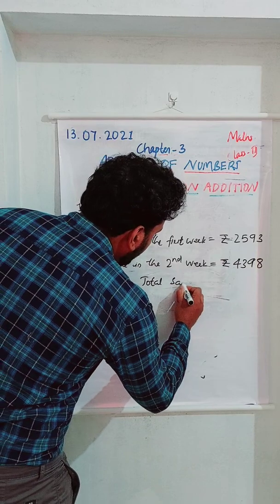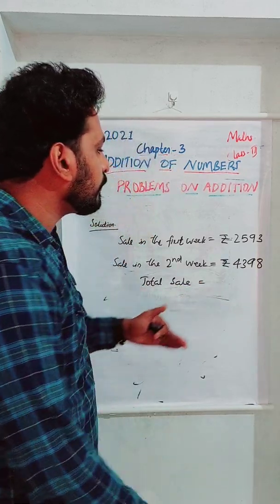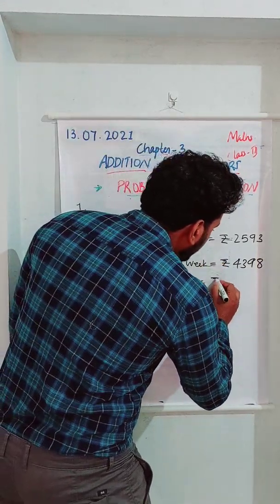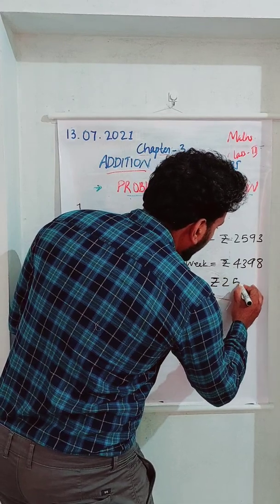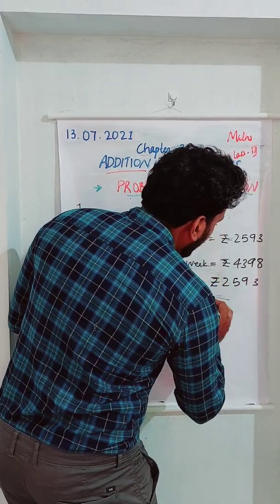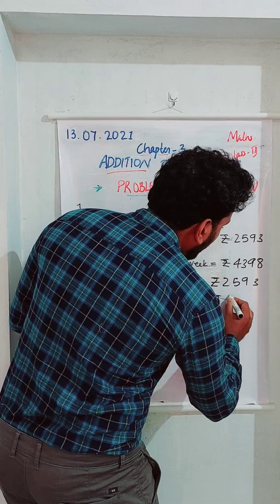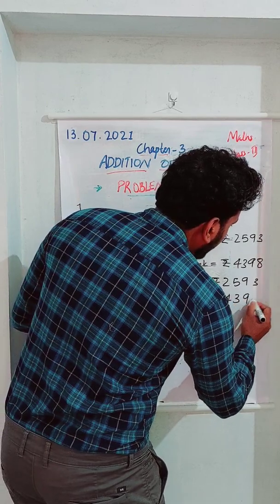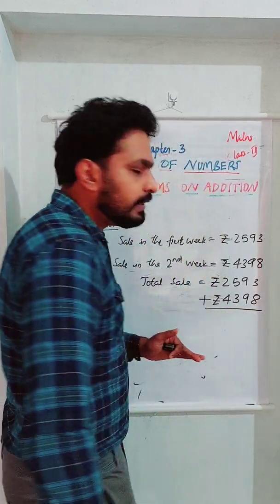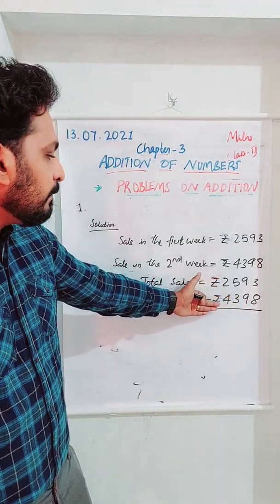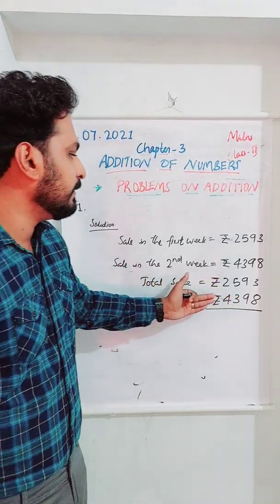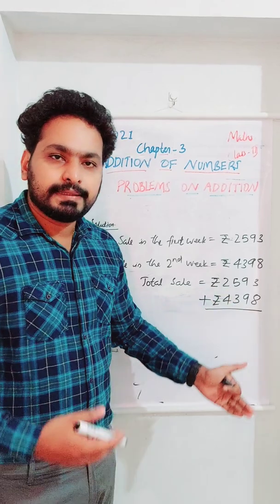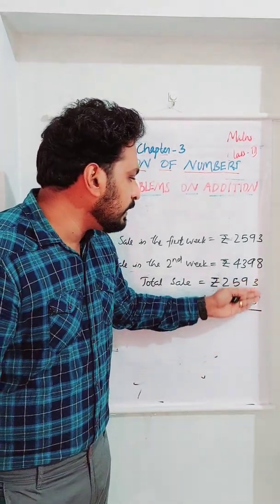Total sale is equal to rupees 2,593 plus rupees 4,398. Got it? This is the solution. Total sale. So let us add these numbers together.